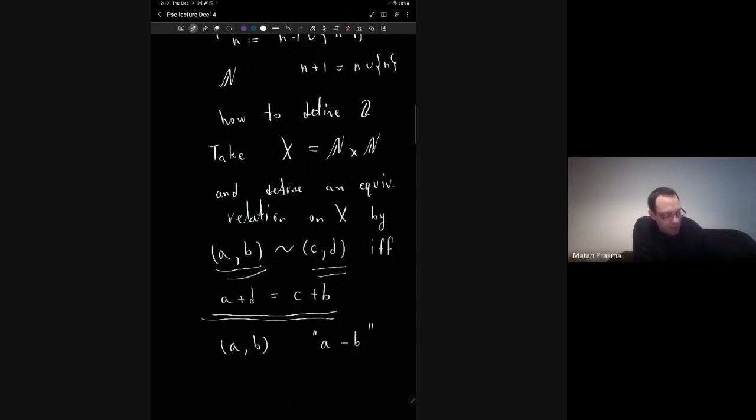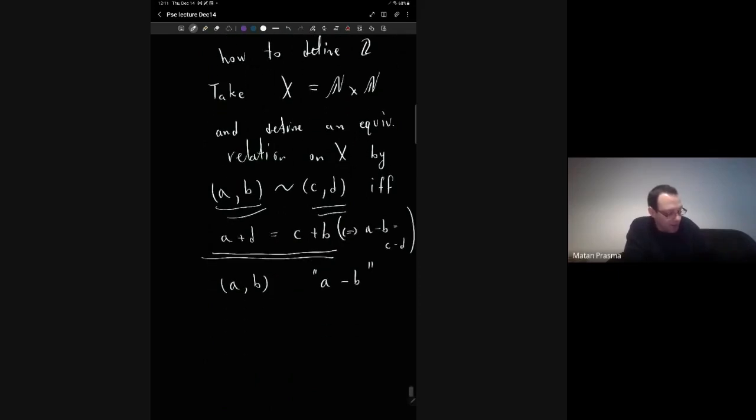We said that (A, B) is the same as (C, D) if and only if, if I had a definition of subtraction, this would be the same as saying that A minus B is equal to C minus D. But if I only have addition, then I use the equivalence relation to be able to speak about this.